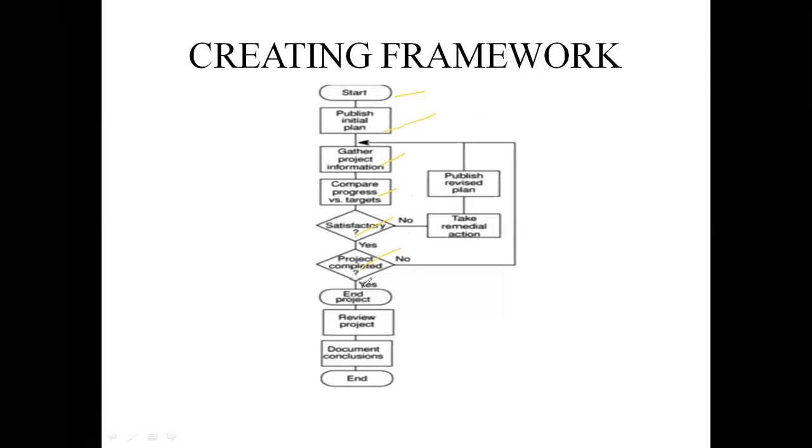If the progress is satisfactory, then we move to the project completed. If the satisfactory check is no, then take remedial actions, then publish the revised plan, and we have to again go to gather project information. If the progress against targets is not satisfactory, take remedial actions, and we have to revise the plan.